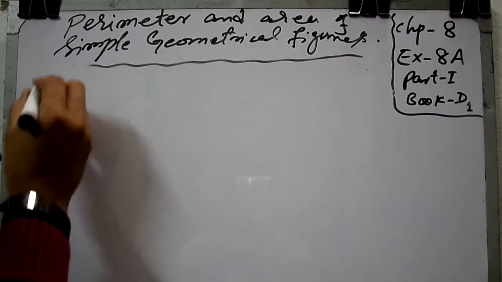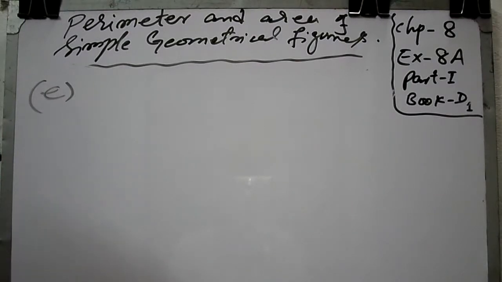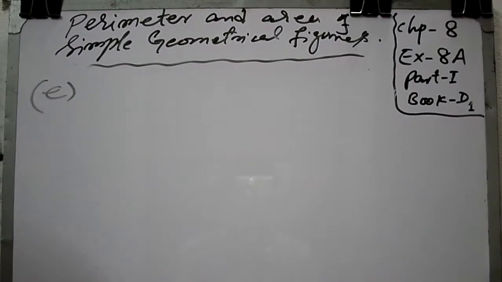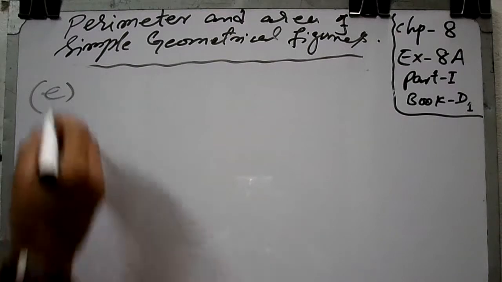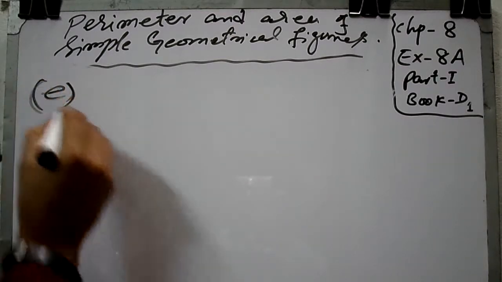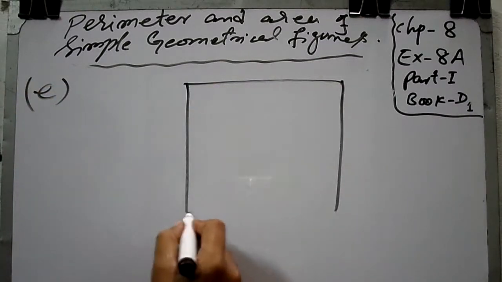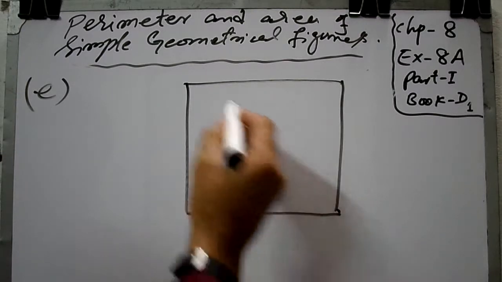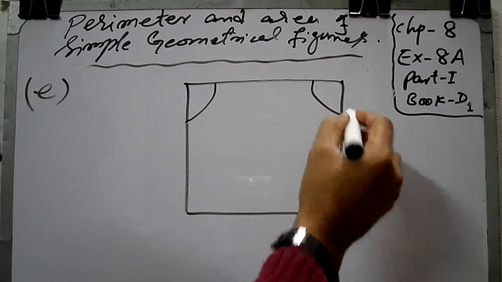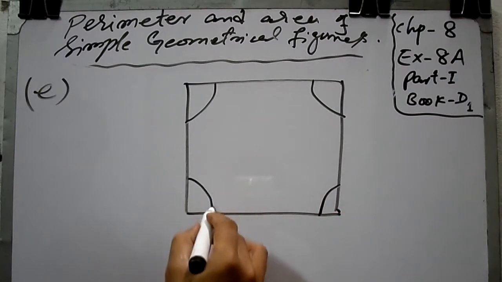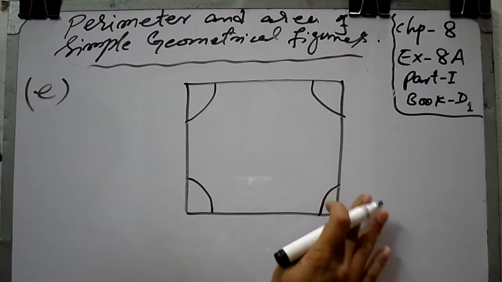In the E part, you can see the configuration. But here this quadrant, there are 4 quadrants which are not being shaded.